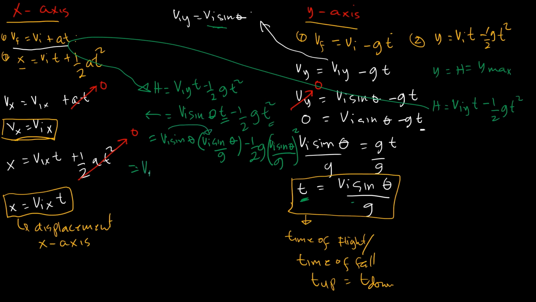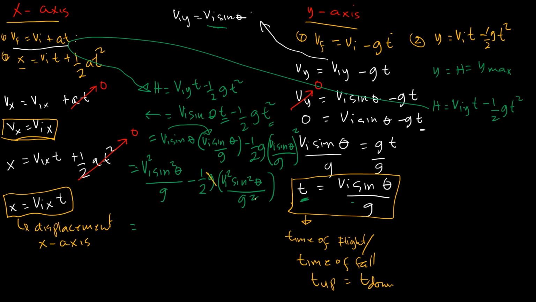So this is v sub i squared, sine times sine is sine squared theta, divided by g, minus 1/2 g. v sub i squared is v sub i squared, sine theta squared is sine squared theta, g times g is g squared. And this cancels out with the other g here.